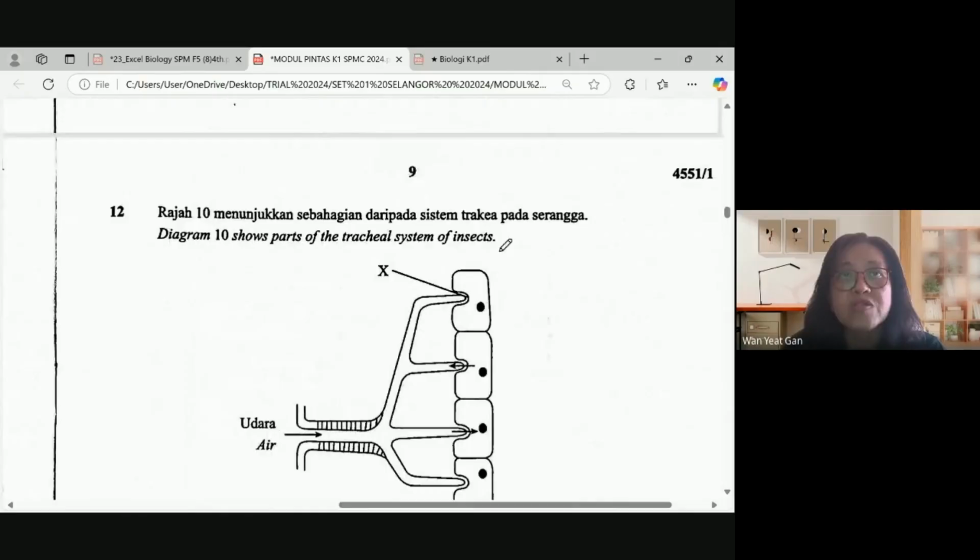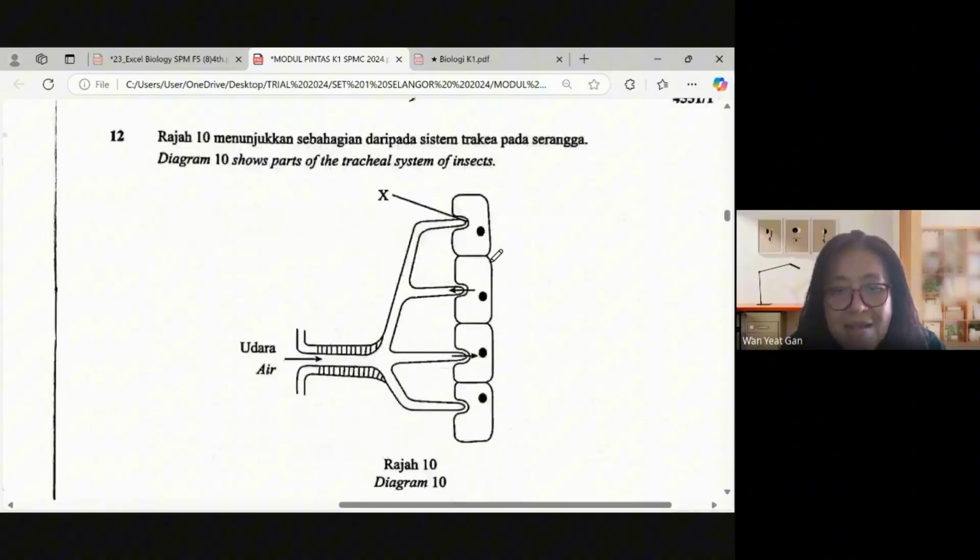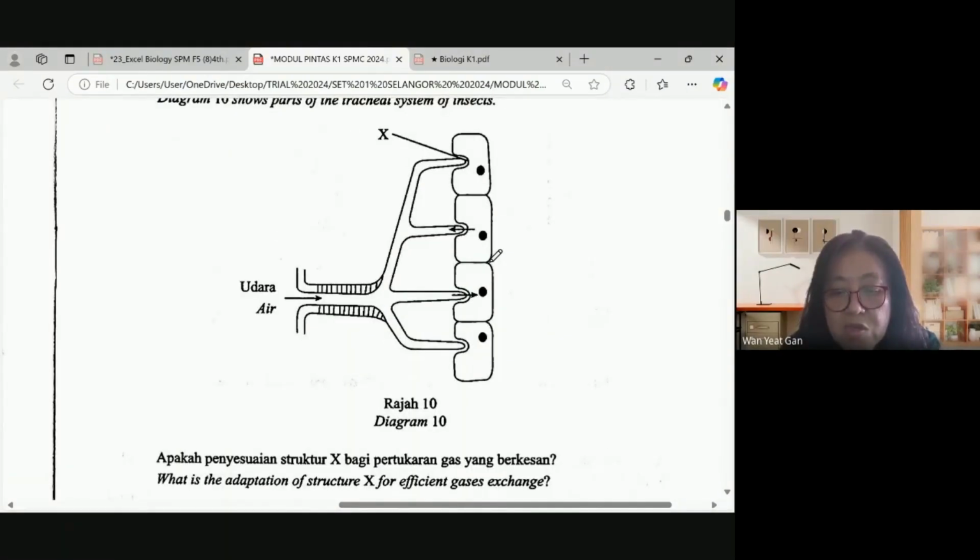Okay, next, question 12. Diagram 10 shows parts of the tracheal system of the insect. What is the adaptation of structure X for efficient gas exchange?